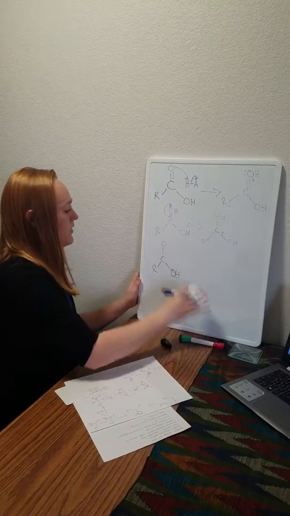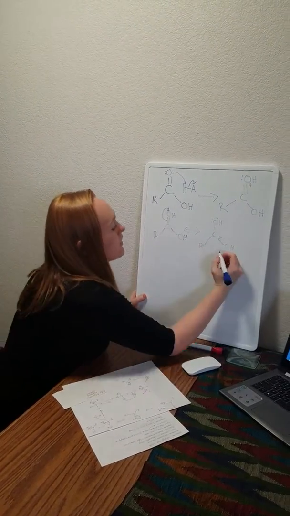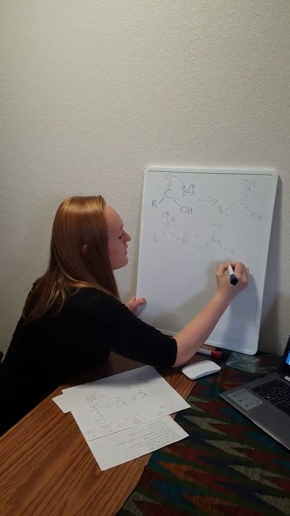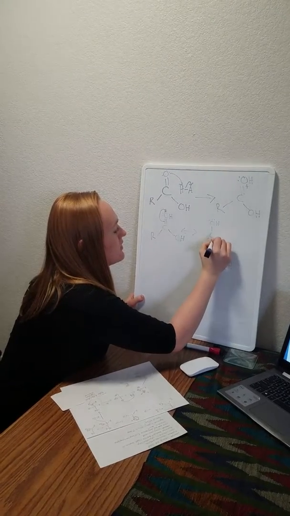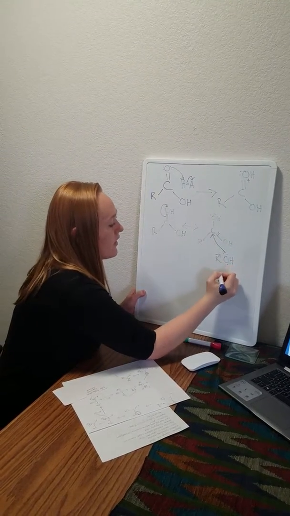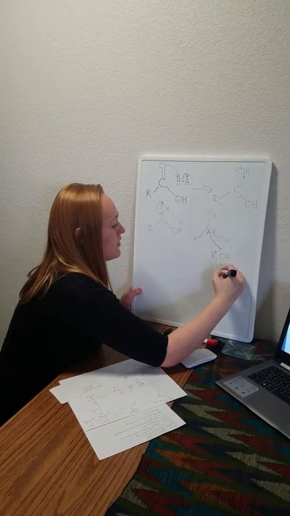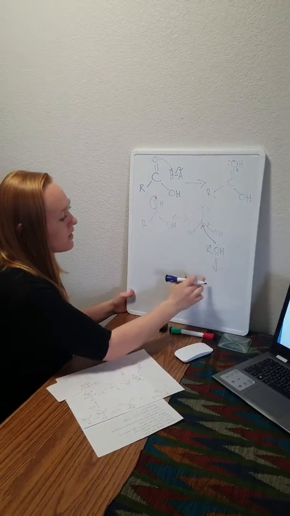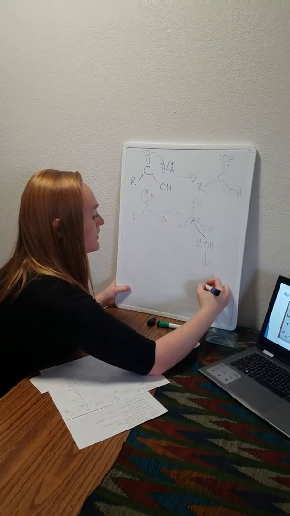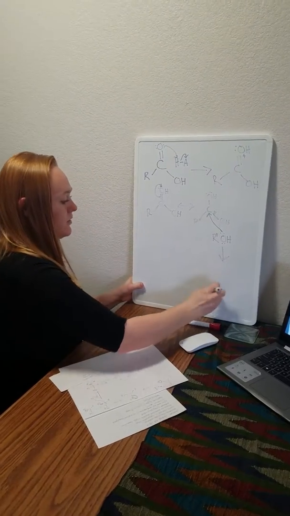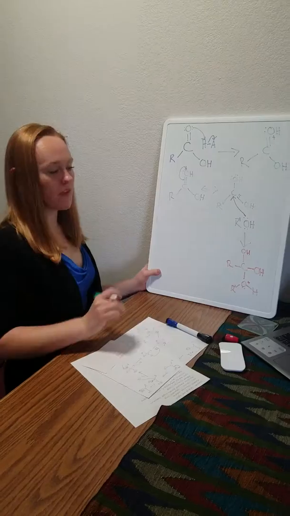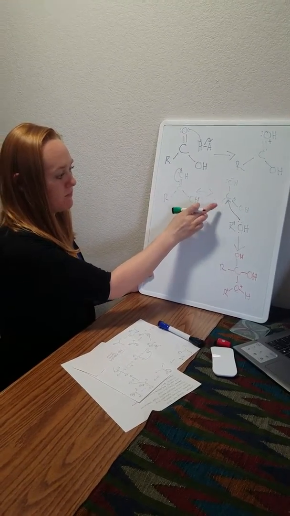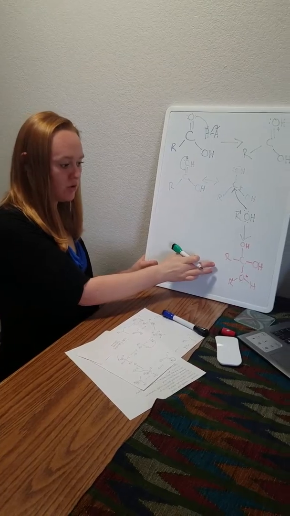We're just going to draw the alcohol, and it's attacking the carbon, which forms a tetrahedral compound. Okay, so here we have the alcohol, which attacked the carbon and formed the tetrahedral compound.